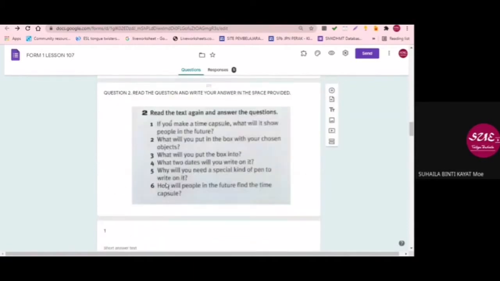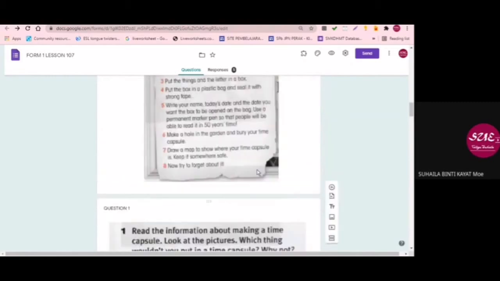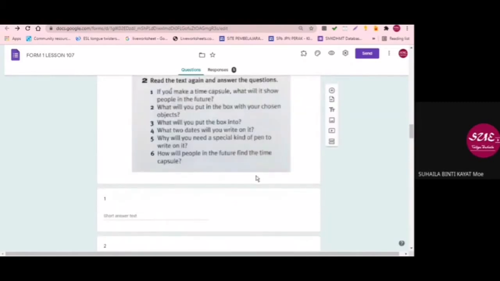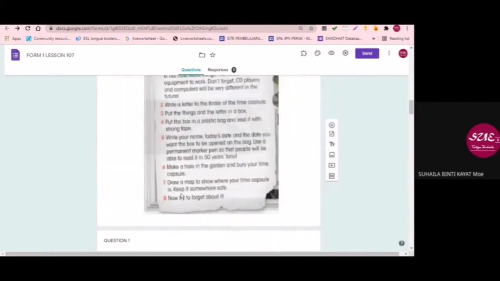Next question. How will people in the future find the time capsule? Okay, how people in the future find the time capsule? Okay, draw a map to show where your time capsule keep it somewhere else. Meaning that through a map. Okay, soalan dia tak adalah macam soalan darjah 1.